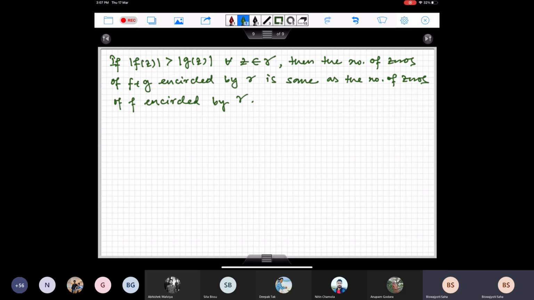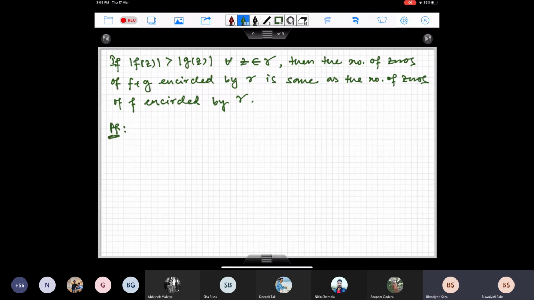Once that happens, then if you want to find the number of zeros, all that matters is that you figure out the number of zeros of the main component. So this is precisely how Rouché's theorem works. Of course we will see some more examples. Fine. Now let's go to the proof of Rouché's theorem.